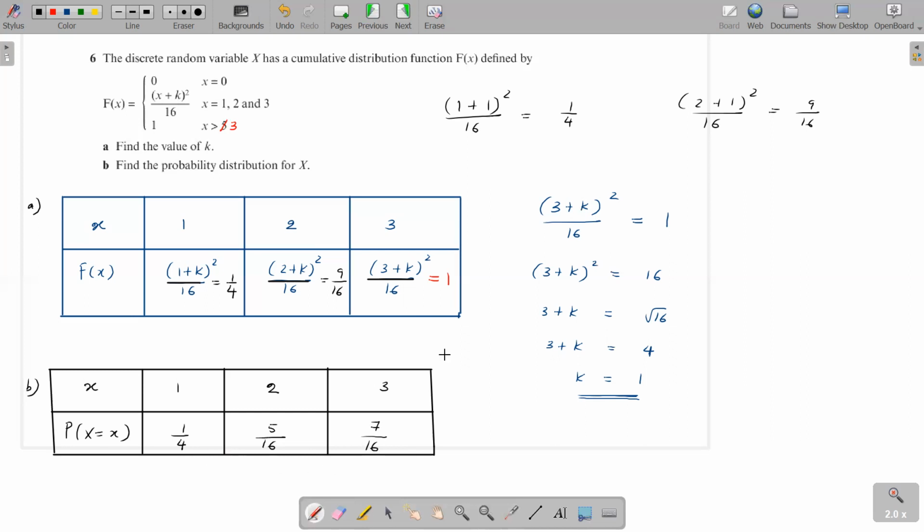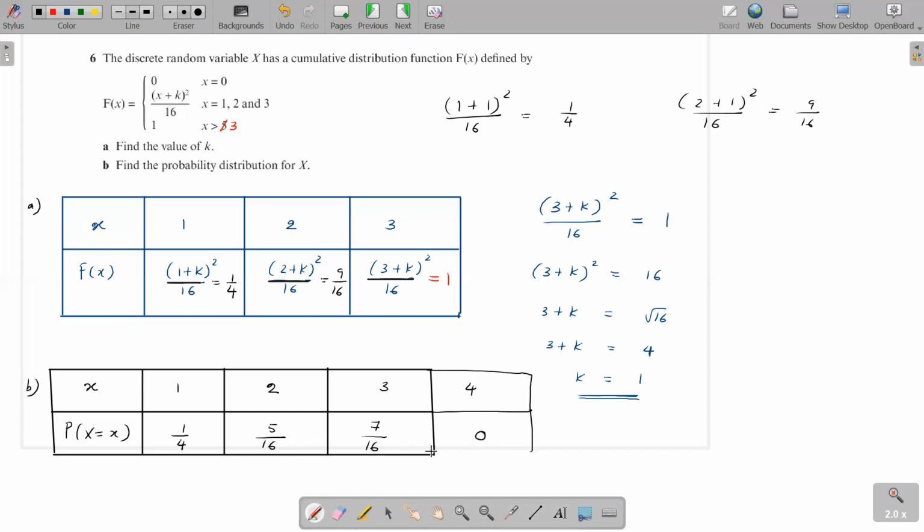Just to clear up one small thing: what happens if you have the x value 4? Because they have given x values greater than 3, I want to explain how this becomes 1. The total probability is completely consumed by this point, so it is 1. If you include the x value 4, its probability will be 0.